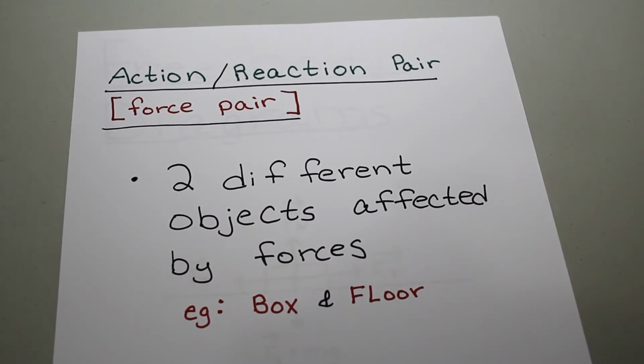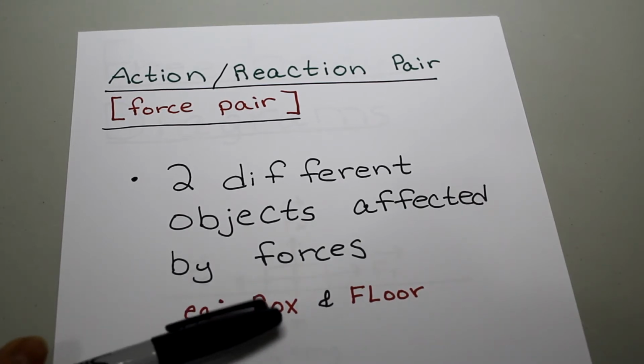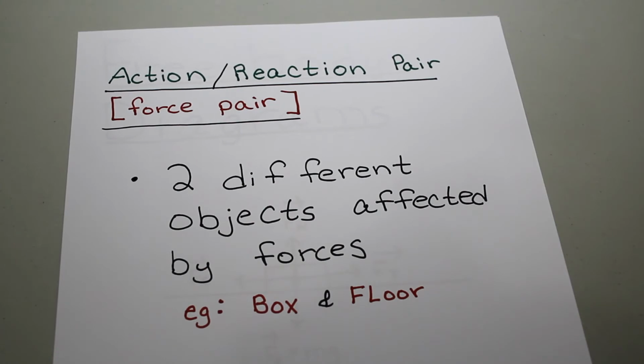So there are two different objects that are affected by forces. In the case we just looked at, the box and the floor were affected by the forces, and they're affected simultaneously. The box exerts a force on the floor, and the floor in return exerts a force on the box, and those two are equal in magnitude but opposite in direction.